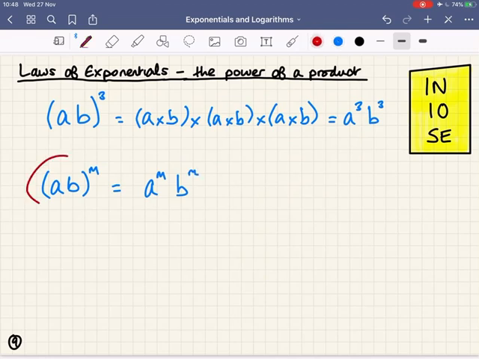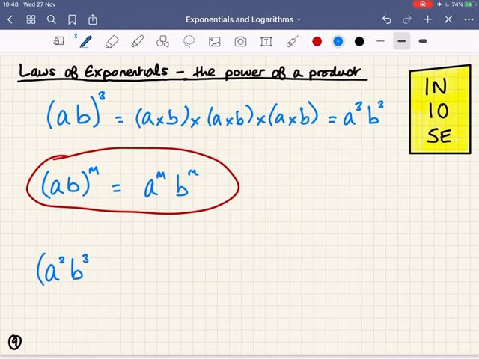Again, useful. And again, combining things from before. So let's say we had A squared B cubed, all raised to the power of 4. We can see that as A squared to the power of 4, B cubed to the power of 4, and then my other law from earlier gives me A to the 8, B to the 12, power of a power.